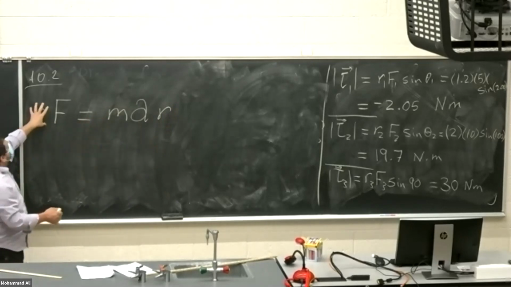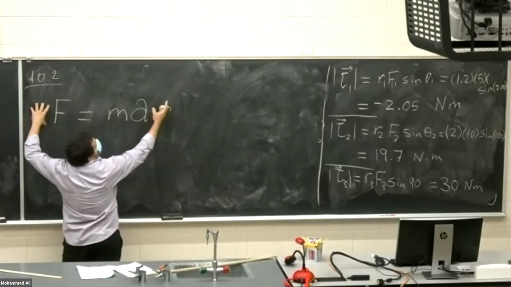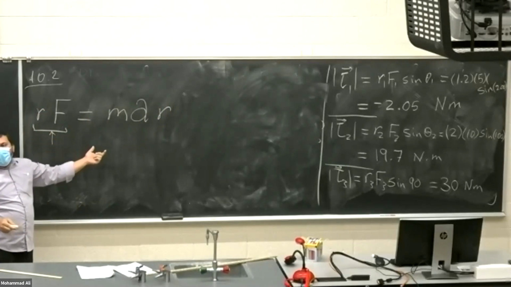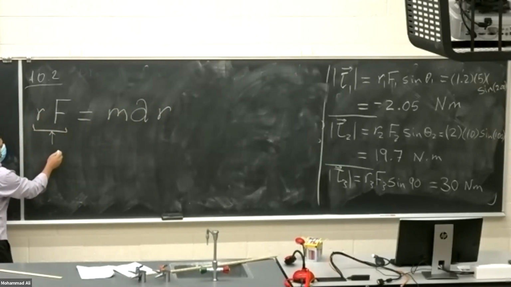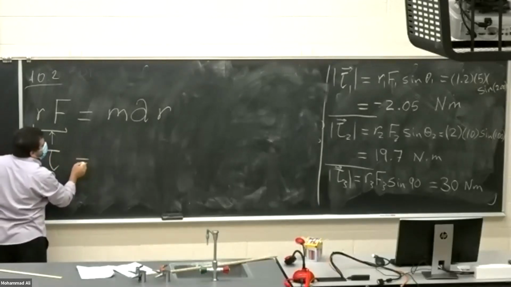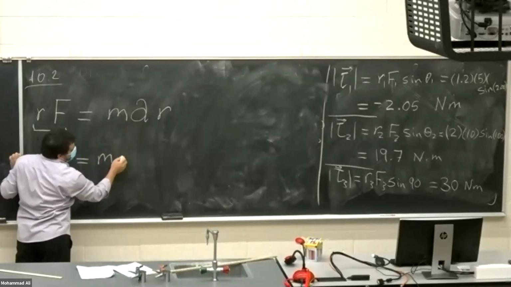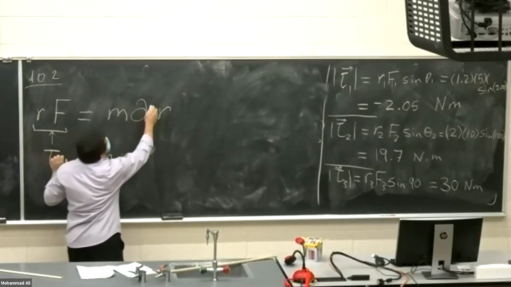It is the same Newton's second law. But we know that R F sine theta, assuming 90 degrees between the force and the radius, this is the torque, right? Equal to M, the radius R, and A.